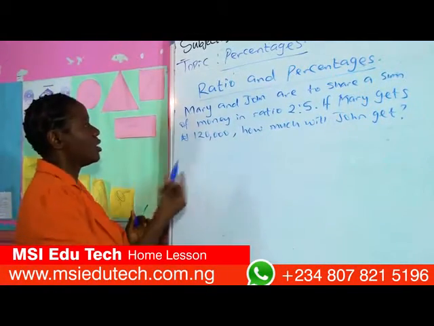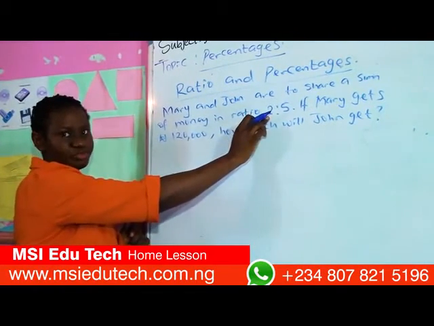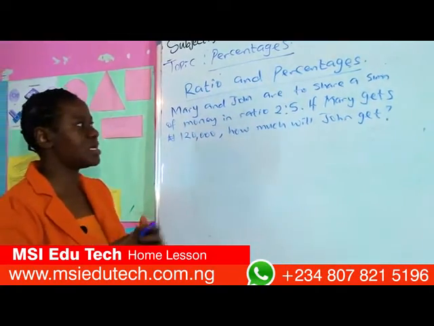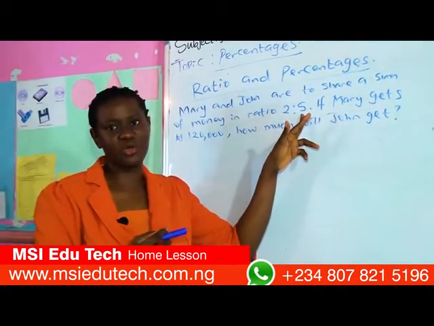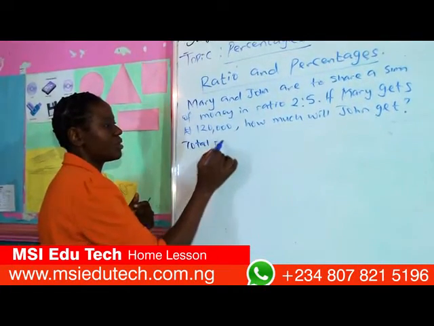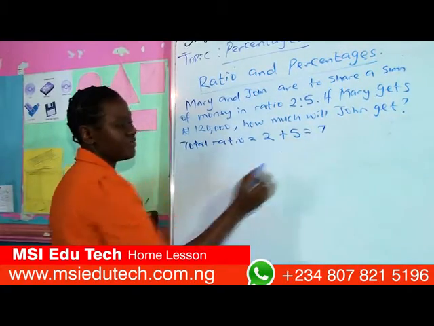We need to find the total amount of money that was shared. Mary got 120,000 and our ratio is 2. We do not know how much John is to get, but his share ratio is 5. So the total ratio is 2 plus 5, which is 7.